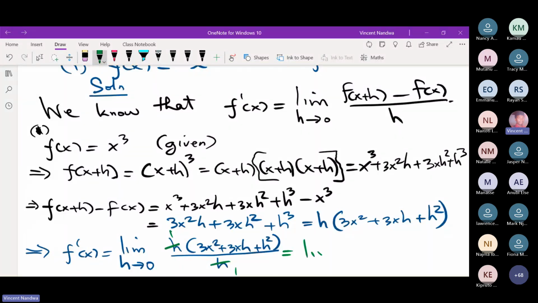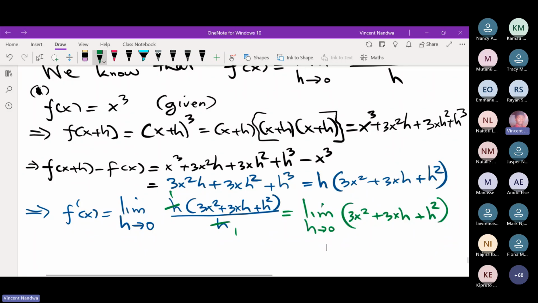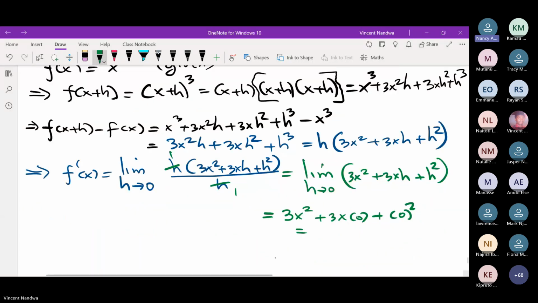So this will be limit as h approaches 0 of 3x squared plus 3xh plus h squared. So remember, this limit is in terms of h. So we are substituting where there's h by 0. We'll have 3x squared plus 3x times 0 plus 0 squared. So that reduces to 3x squared, correct.